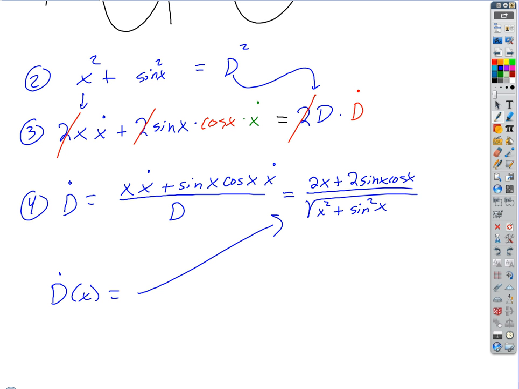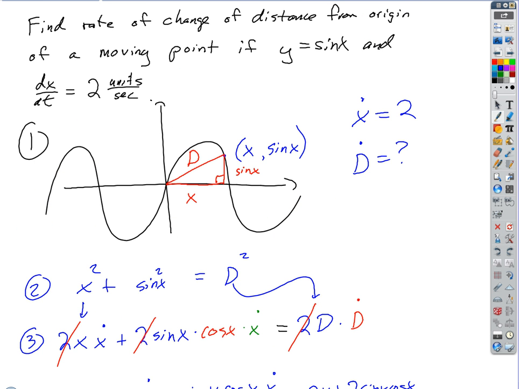Does everybody see? It's kind of a subtle point though. Do you see why that's the best I can do here? I'm not given enough information. Am I really even given a snapshot up here? Not really, because it's just telling me that x dot is 2. It's not giving me an example of what value of x, at what snapshot we're finding this.